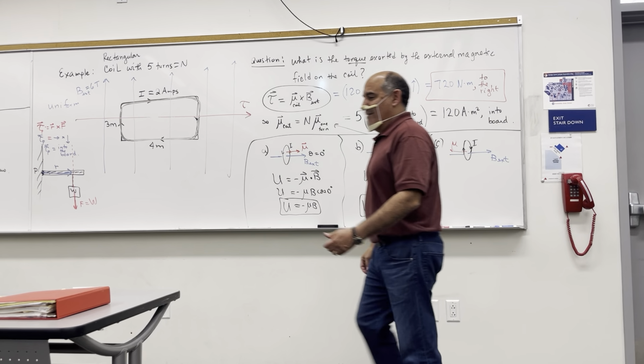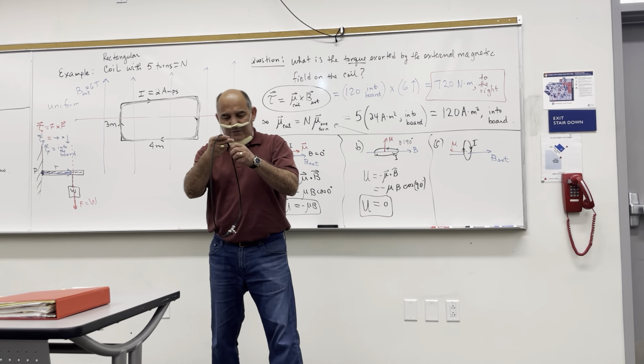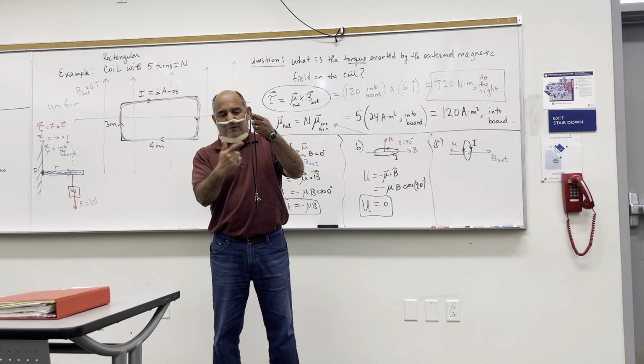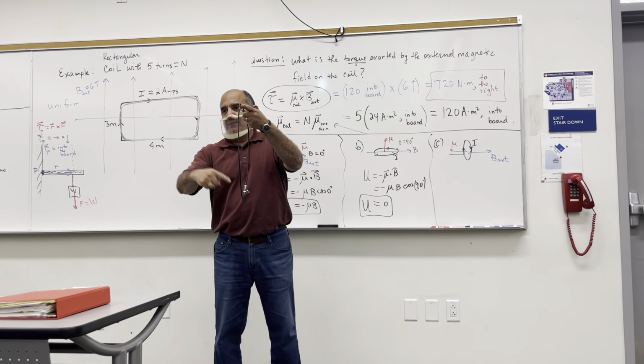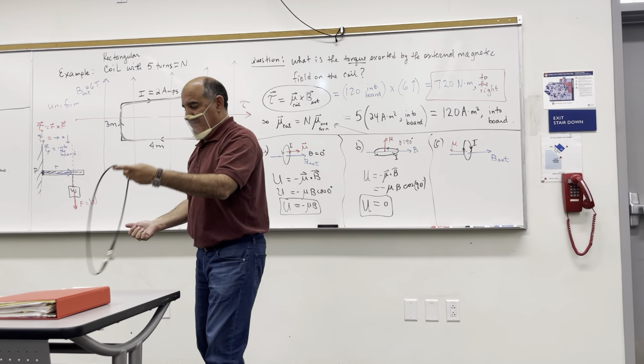In other words, I'm imagining a loop like this. The magnetic field is that way, but the current in this loop is this way. So I go like this, so the magnetic dipole moment is to your left.